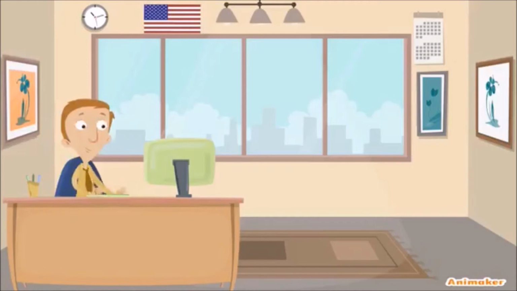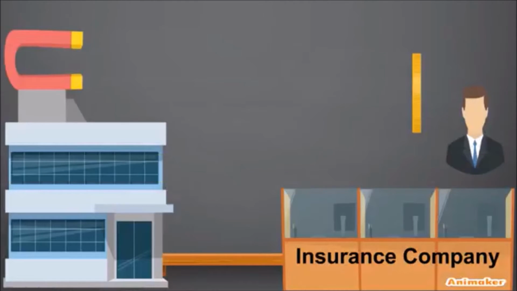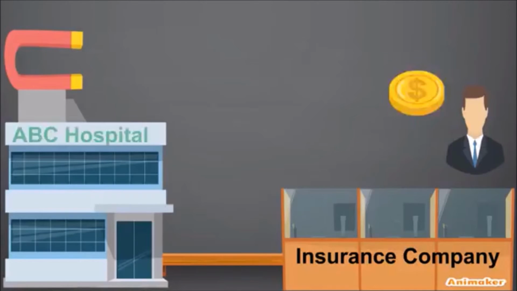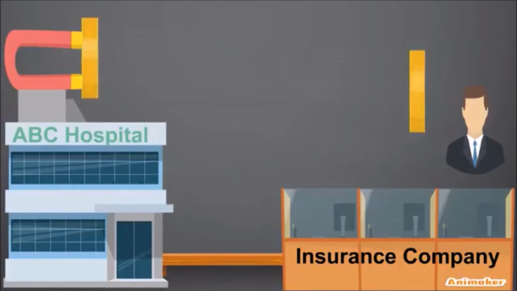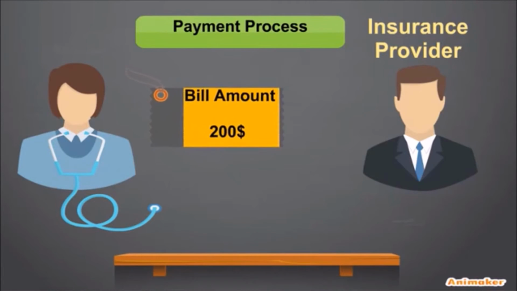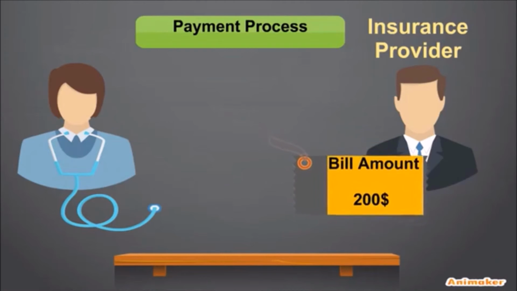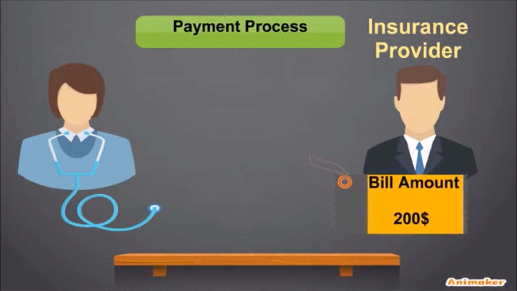If everything is clear in the submitted claim, then the claim will be approved. Once the claim is approved, the claim amount will be paid to the health service provider, and the transaction ends. In some cases, the insurance provider may not pay the entire bill amount that the health service provider has asked for. Instead they pay the allowable amount.